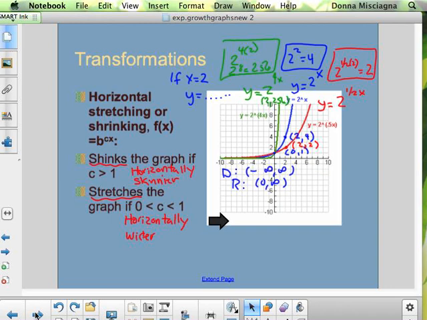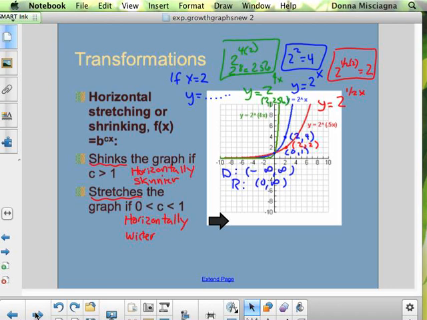Horizontal stretching or shrinking, right? So vertical stretching or shrinking is the a value, and we just multiply the y values by that. Horizontal stretching or shrinking affects the graph by the reciprocal.